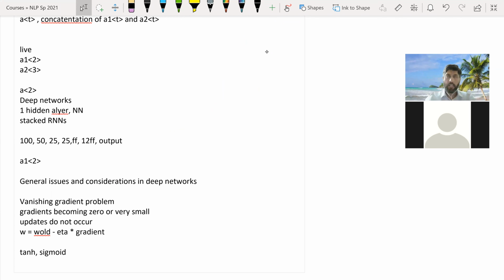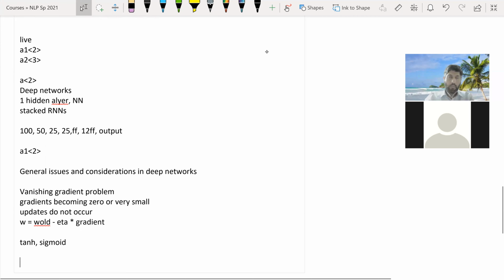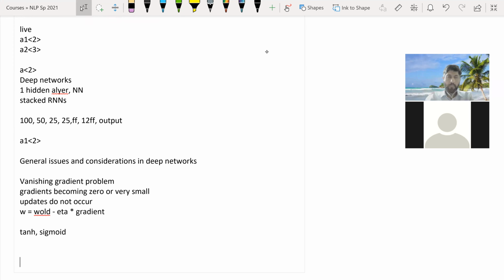But in a standard feed-forward neural network with multiple parameters in all the layers, this is the main issue. So to avoid this, in recent years we have changed the activation function for the hidden layers to be ReLU, rectified linear unit. So this is a very simple function.